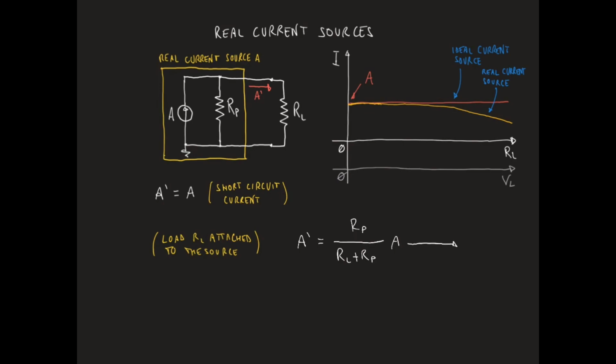If RL goes to 0 here, we get back to the short circuit case, where the current A prime is equal to A. The same, of course, happens if Rp goes to infinity.